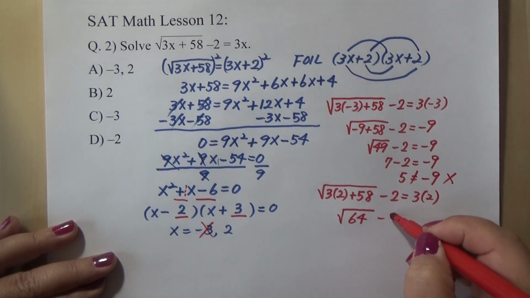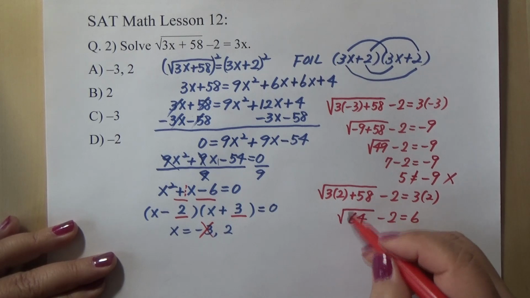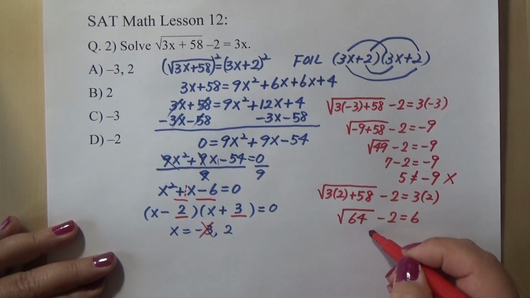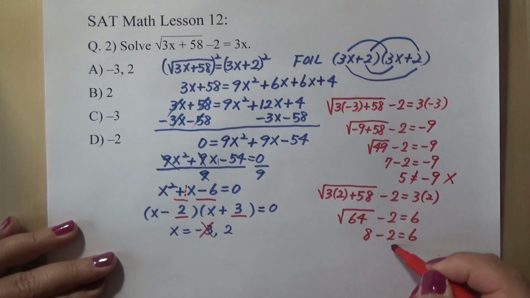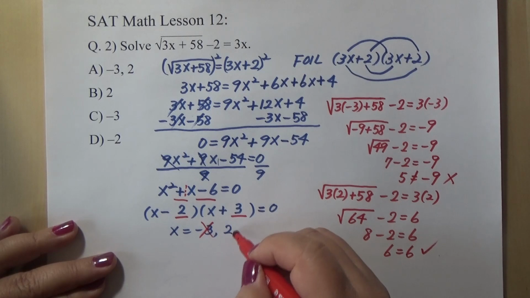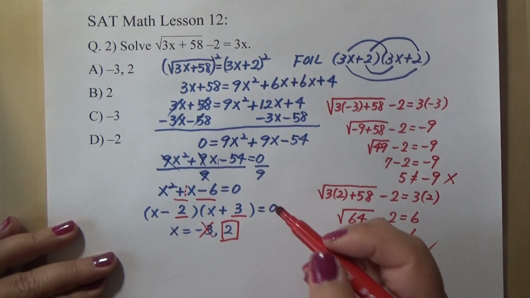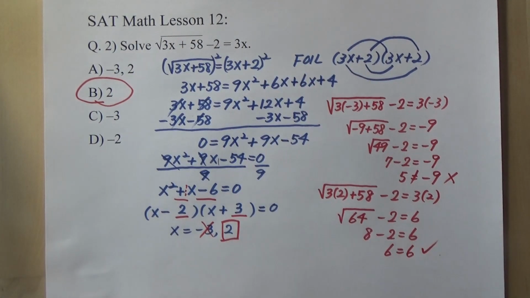And minus 2 is equal to 3 times 2, which is 6. So the square root of 64 is 8. 8 minus 2 is equal to 6. 6 is equal to 6. This is true. So this is the answer. So the answer is B. So we are done.